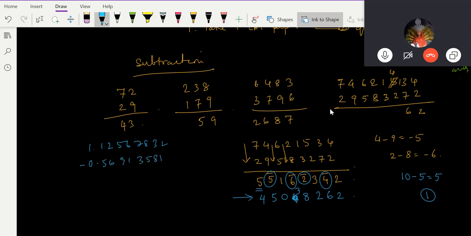So the rule remains the same regardless of whether you have a decimal or not, right? So this is a very, very easy method, which you just need to practice one or two times. That's it. So it will come automatically.